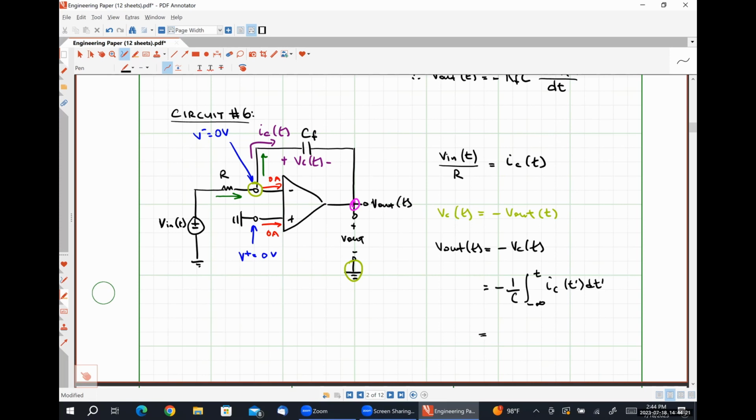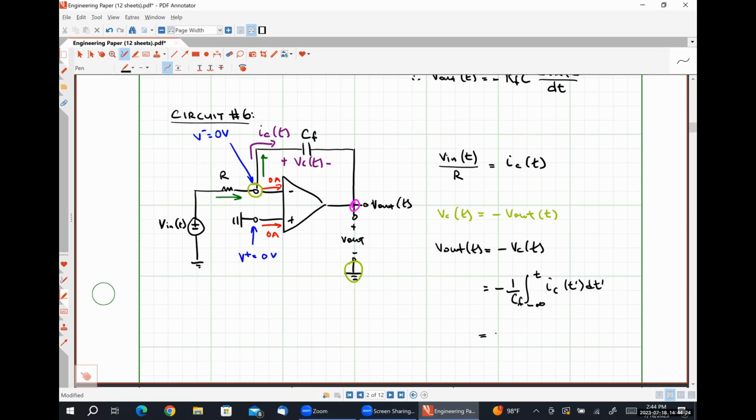So pulling out the factor of R, sorry, this should be C sub F, we're going to have negative 1 over R times CF times the integral from negative infinity to T of Vin of T prime dt prime. So our output signal in this case is a scaled version of the integral of our input signal, which is why this is an integrating amplifier.